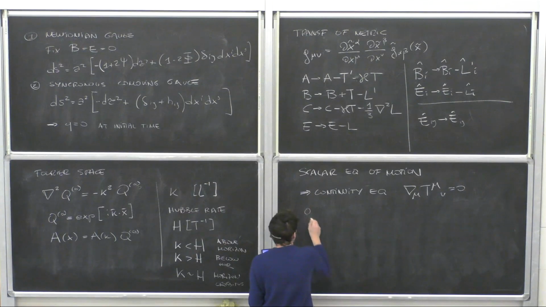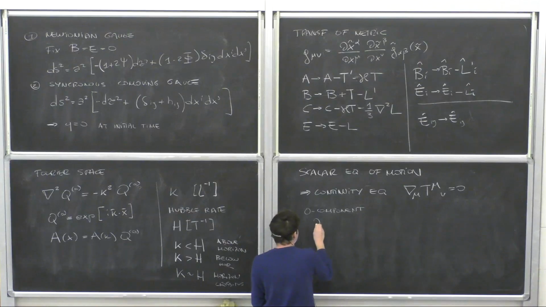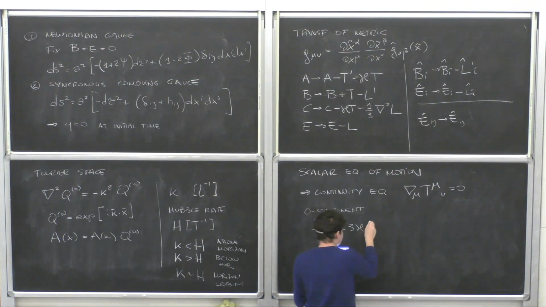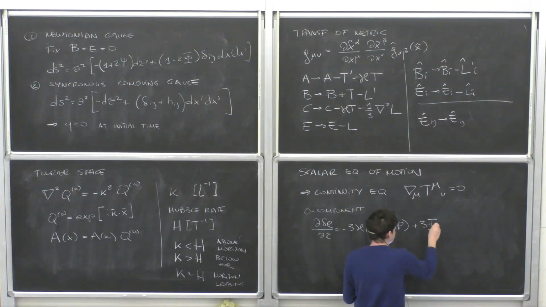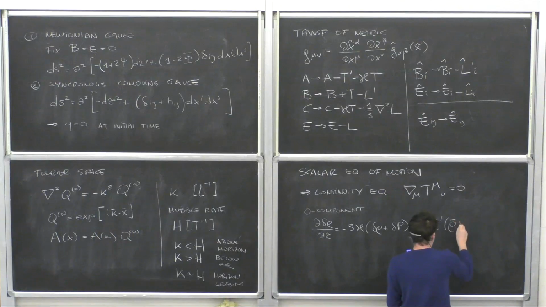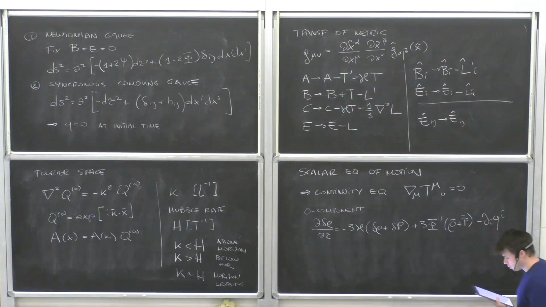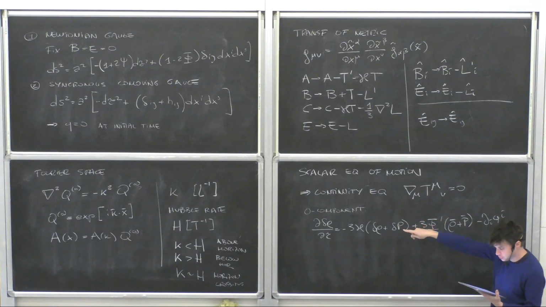Now the 0 component is gonna give us d(δρ)/dτ equals minus 3H(δρ + δp) plus 3φ'(ρ + p) minus ∂_i q_i. Okay, so this is the first fluid equation that we get for density fluctuations.